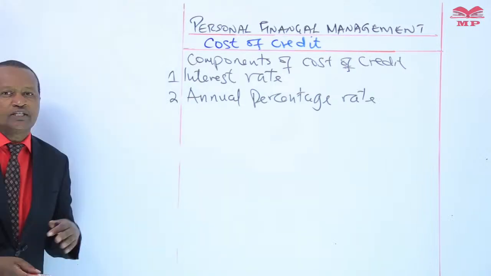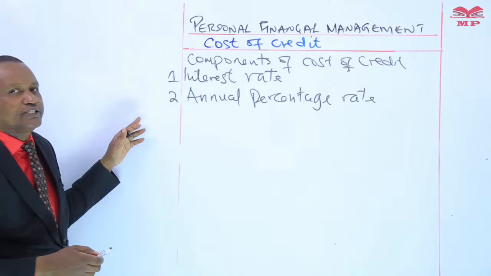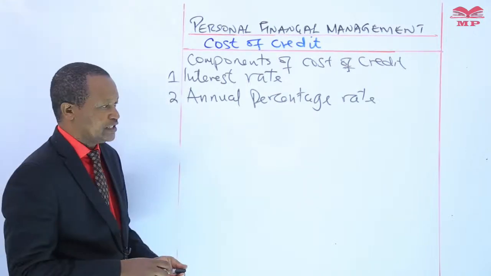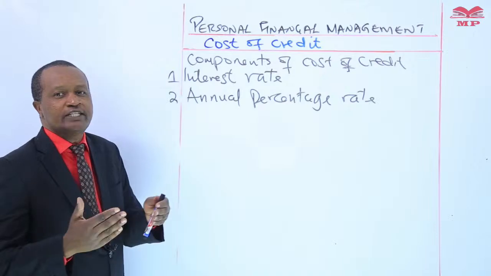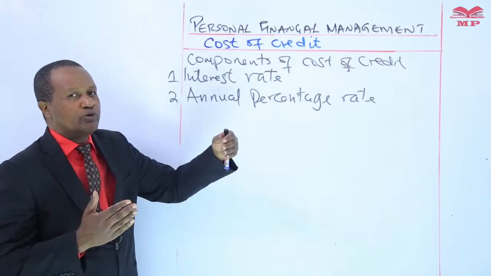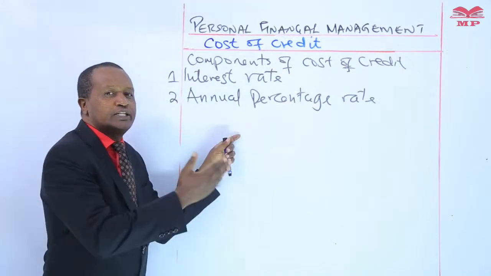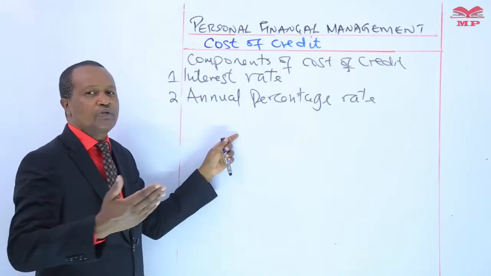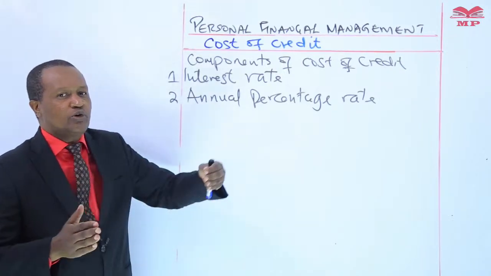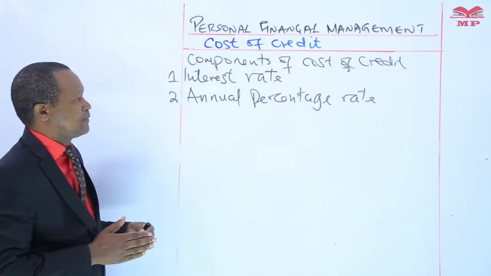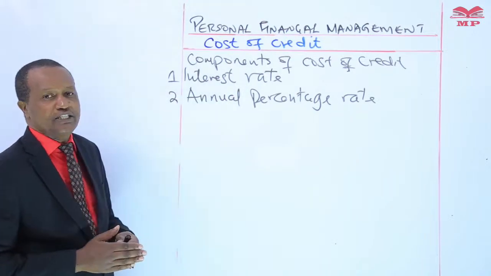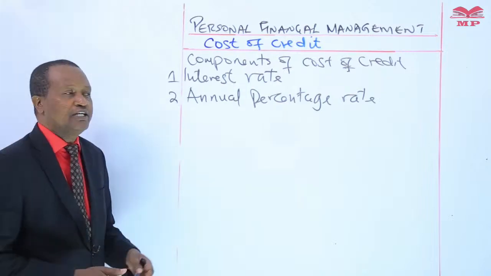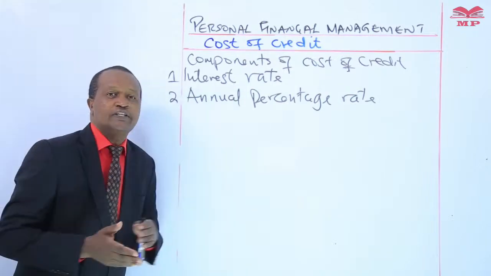This is a more comprehensive measure of the cost of credit because it includes not only the interest rate but also most associated fees and charges, and this allows for a more accurate comparison of different credit options. Annual percentage rate encompasses all the other charges and fees.